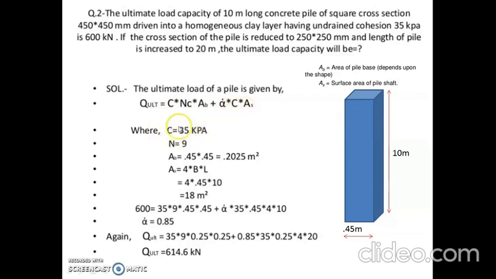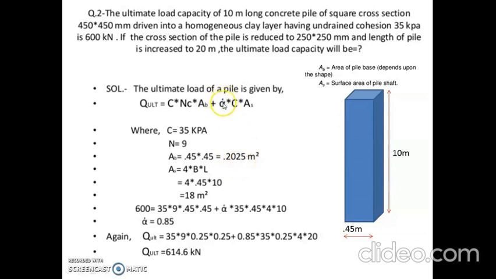Here value of cohesion is given, that is 35 kPa. N_C is taken as 9 for clay layer, and area at the base is 0.45 by 0.45 meter, which comes out to be 0.2025 square meter.